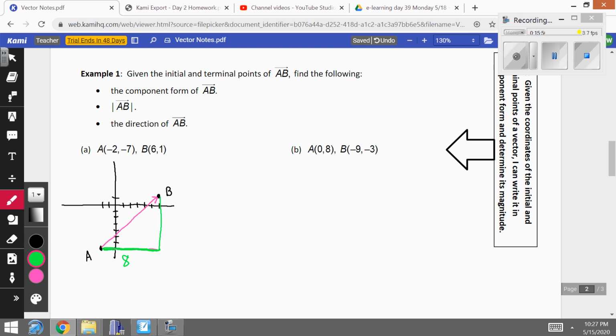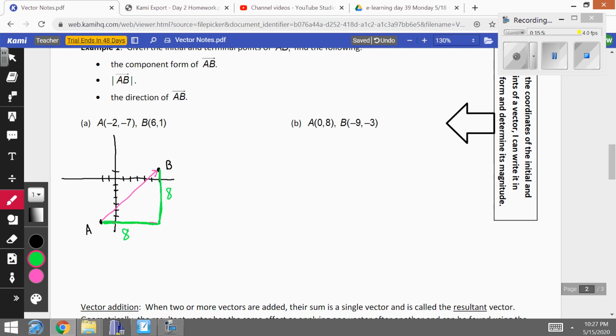If I'm down at -7 and I go up to 1, again, that has another distance of 8. So let's do our component form. Component form is, again, that notation from the initial point: it's going to the right 8, and it's going up 8. So that's our component form.